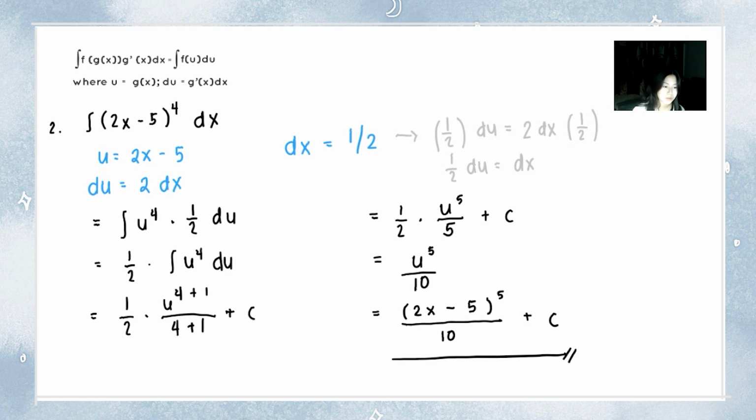So we will get u raised to 5 over 10. Always remember our plus c. So now we put it back to its original term. So (2x minus 5) raised to 5 over 10 plus c is our final answer.